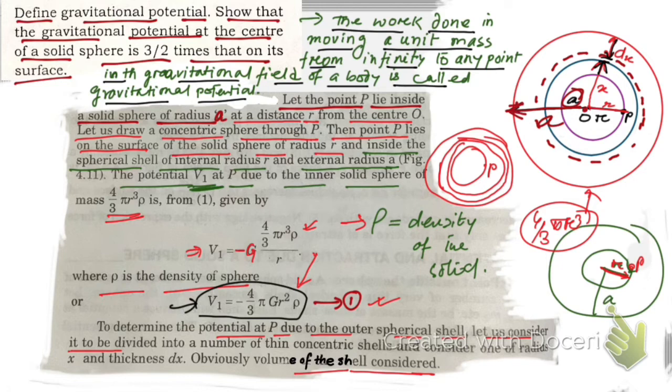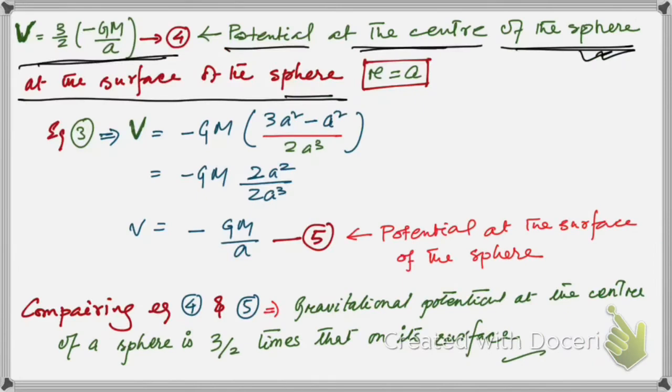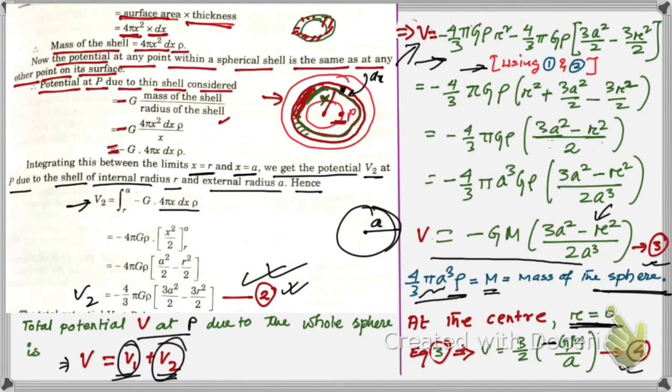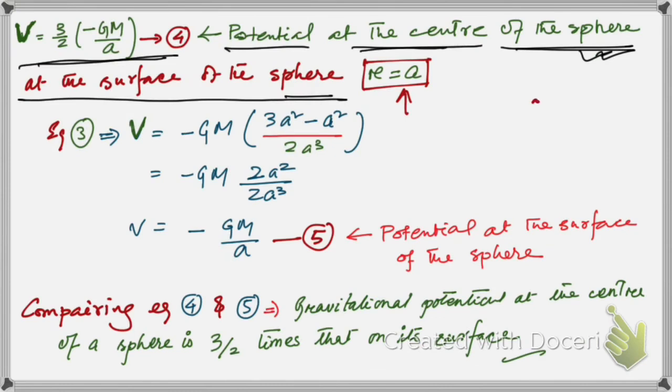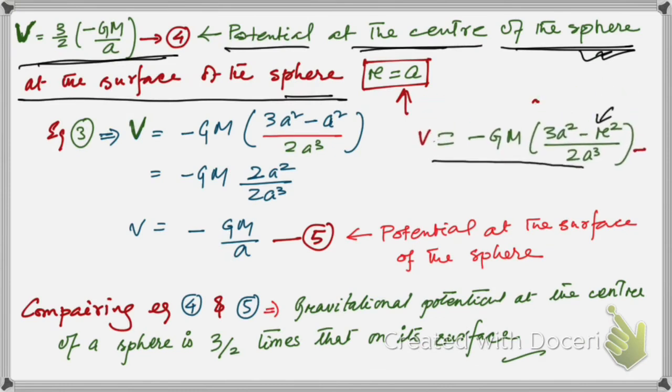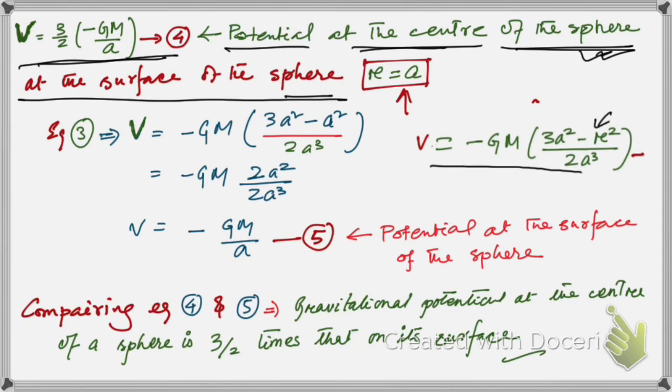So if you consider the point at the surface of the sphere, then you have to put small r equal to small a in the equation. Let me write it on the other slide also.